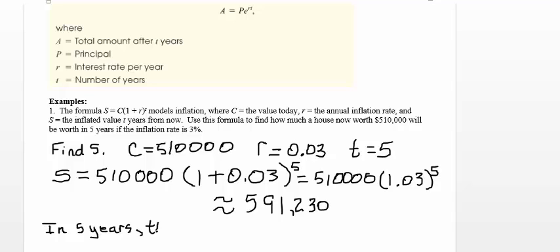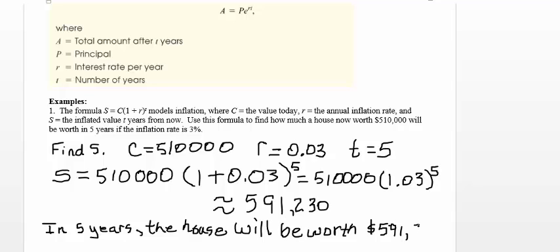And I find that the calculator allows me to conclude that it will be worth $591,230. So in 5 years, the house will be worth $591,230 when currently it's only worth $510,000.